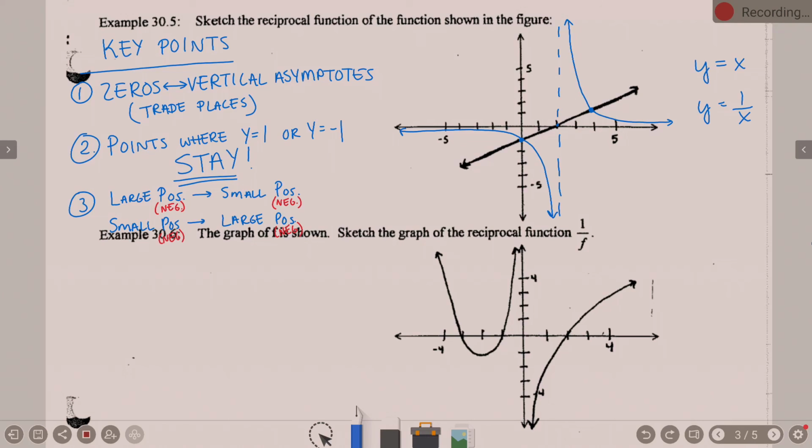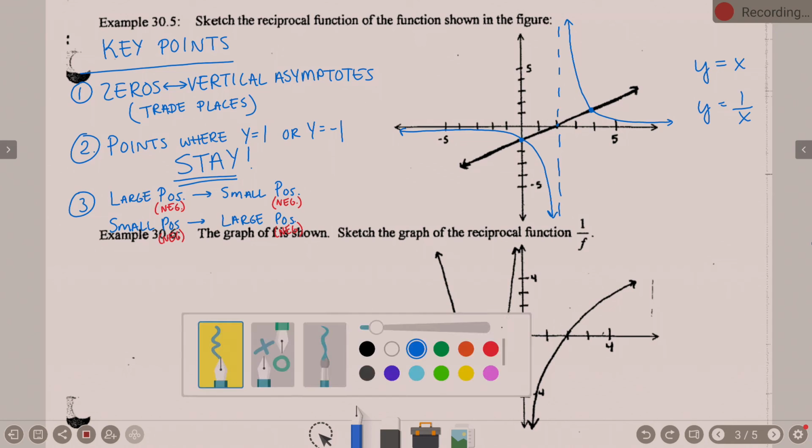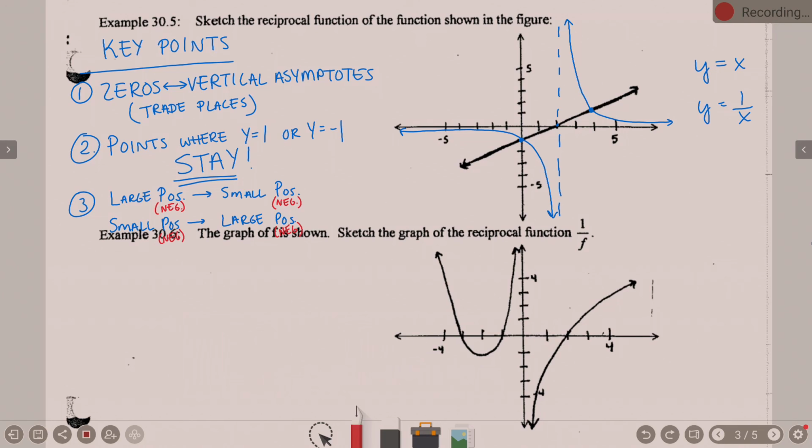Okay. One last example. The graph of f is shown. Sketch the graph of the reciprocal function. This is just going through the steps. So I'm going to go point by point. Zeros become asymptotes, asymptotes become zeros. So let's start with easy.